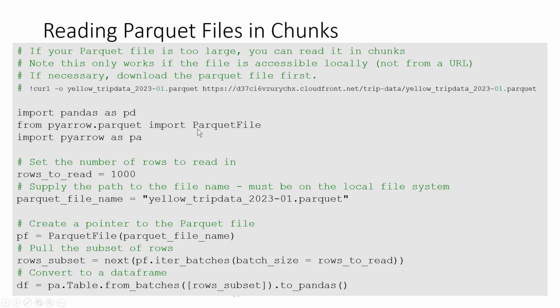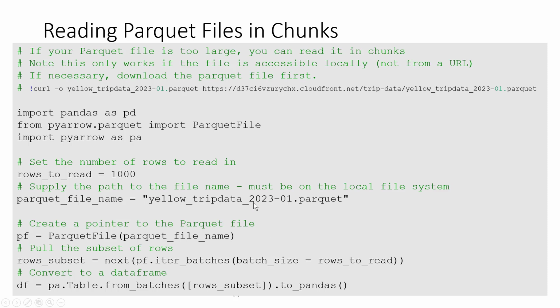To do that, we can actually import this Parquet file from the PyArrow Parquet module. We can set a number of rows to read, and then we can grab a pointer to the file, that's pf, and then we can grab a subset of the rows. And that happens by calling the iterBatches function with batch size set to the number of rows you want to read.